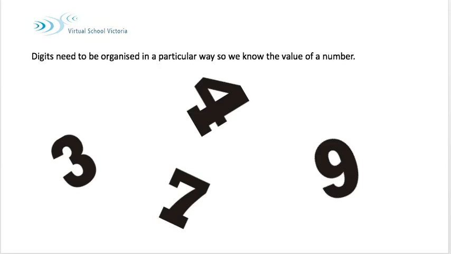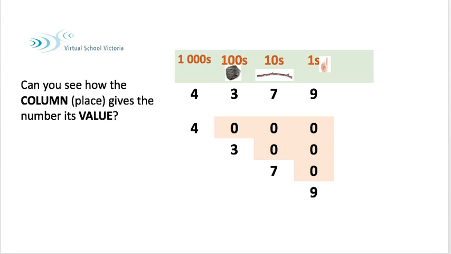Now let's get back to the idea of digits versus a number. A digit has no value because it doesn't belong anywhere. It's fairly random, but once we organise these digits into a place value column, they make a number.